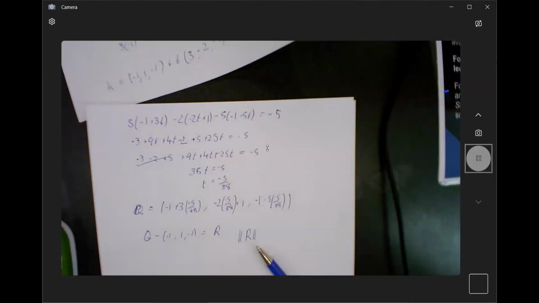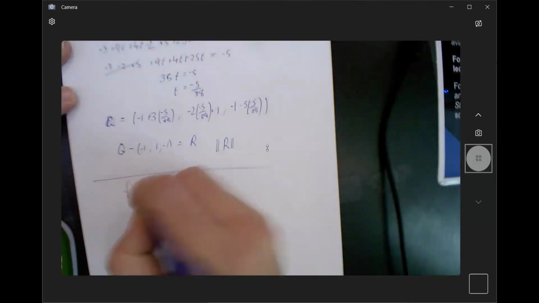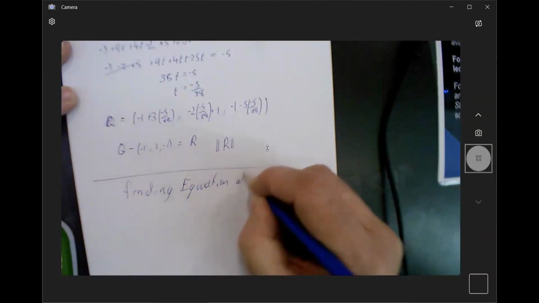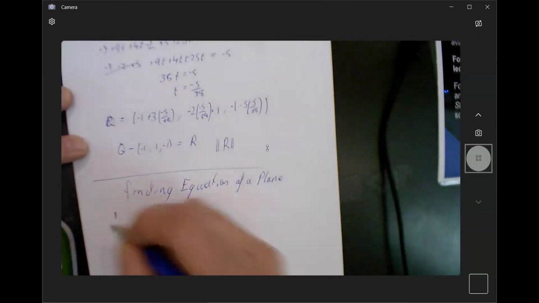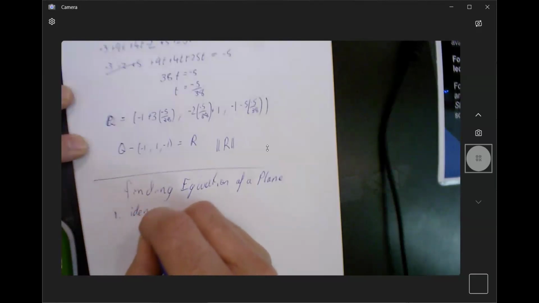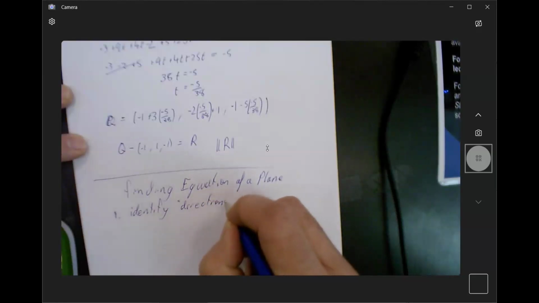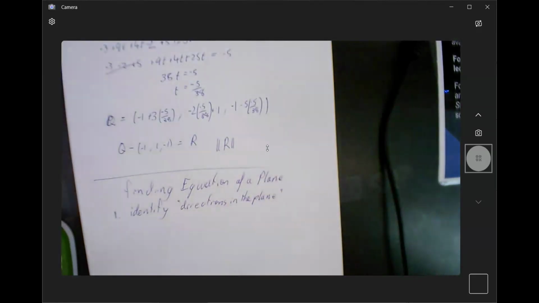All right. Let's talk through the steps so you can find this. Okay, so what did we do? I've been asked to talk about the steps I'd go through to do the equation of the plane. So the first thing I did, I'm going to say, is find directions in the plane.